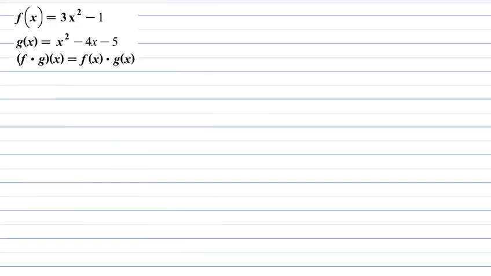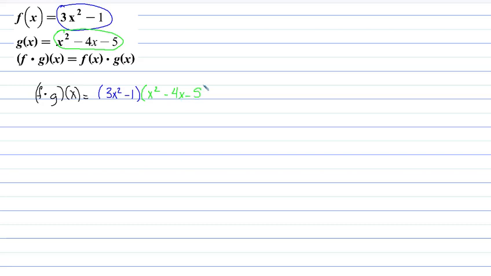This next problem, we're going to be multiplying. And so I'm going to take the f function and multiply it to the g function. So f times g of x. And so we have 3x squared minus 1. And then on the second parenthesis, we have x squared minus 4x minus 5.